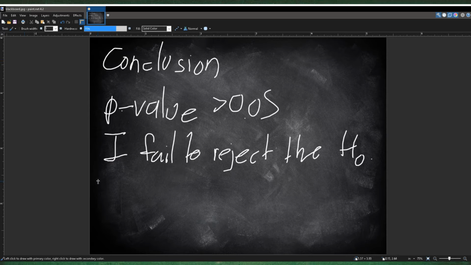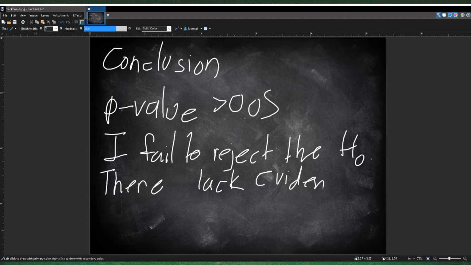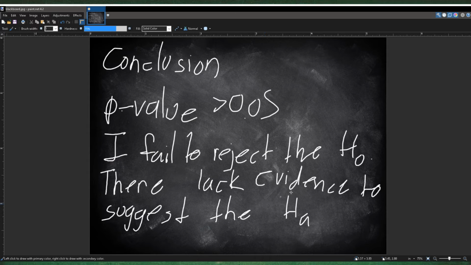And then you write there is a lack of evidence to suggest, because you're never 100% sure, the alternative hypothesis HA is true, which you also write in context. In our freshmen example, with a p-value of 0.1, which is greater than the alpha level of 0.05, I fail to reject the null hypothesis.